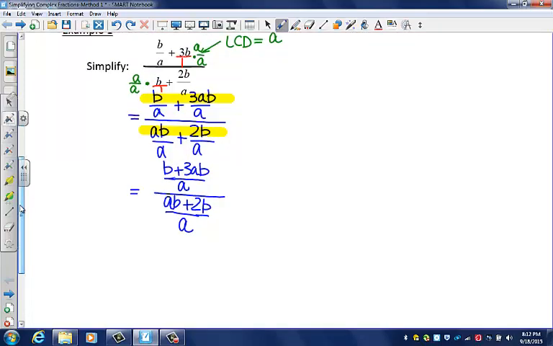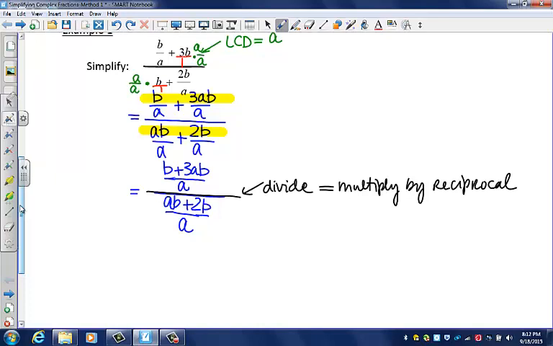My fraction bar, remember, means divide. And when we divide fractions, we don't typically divide, we multiply by the reciprocal.